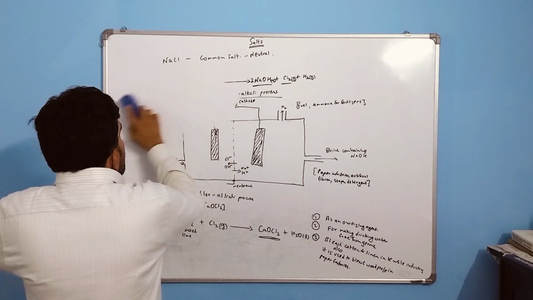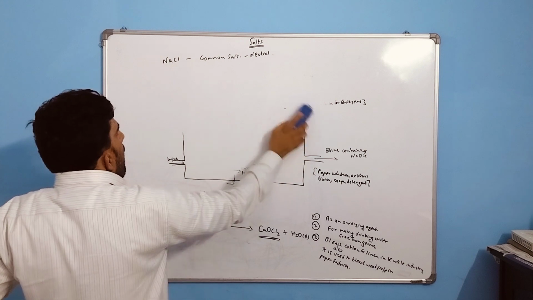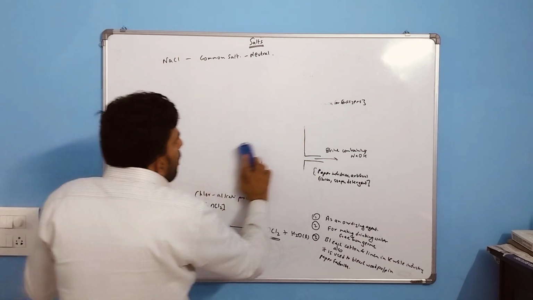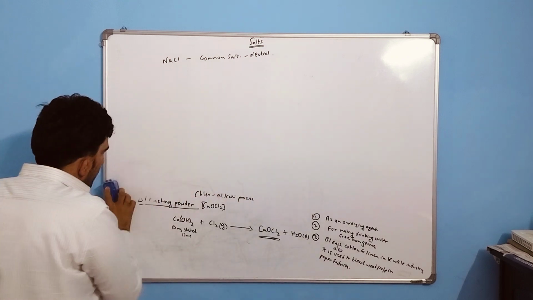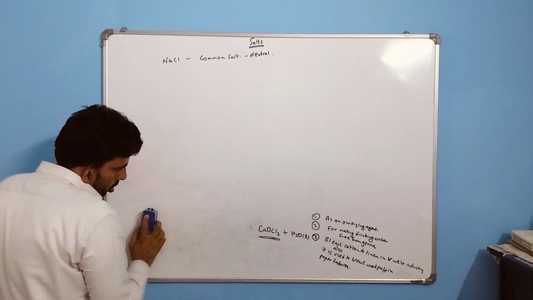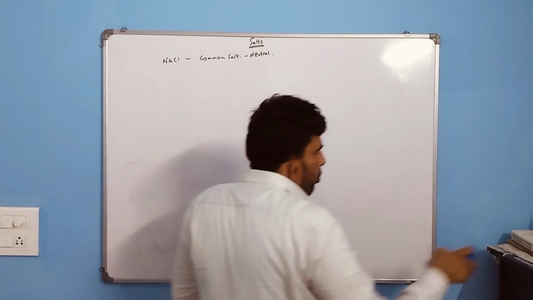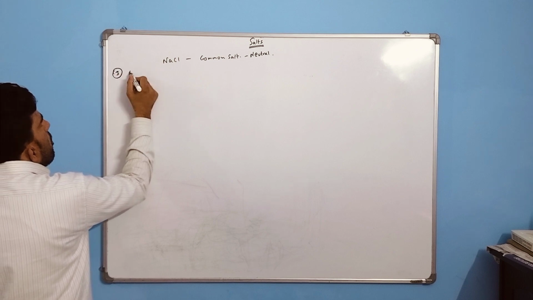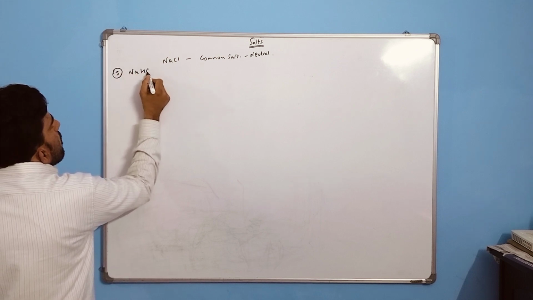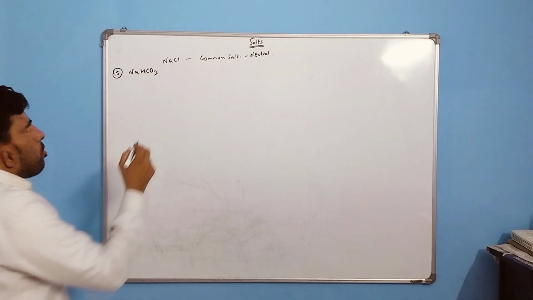So we are able to understand now how NaCl is important as a raw material used in preparing such kinds of salts. Okay. So now let us move to this third one, that is NaHCO3.